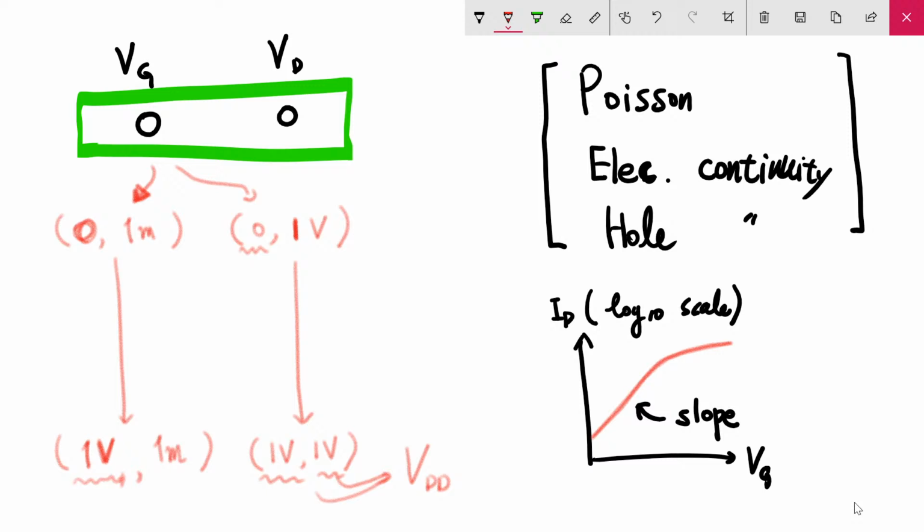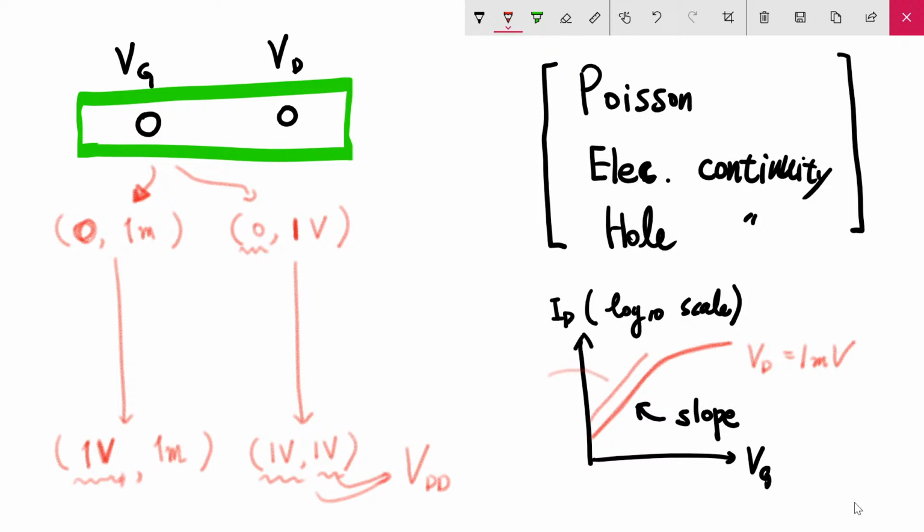This graph corresponds to your VD equal to 1 millivolt case. Then when you have this other gate sweep with VD equal to 1 volt, how does it look? In this case you will have a slightly increased behavior.